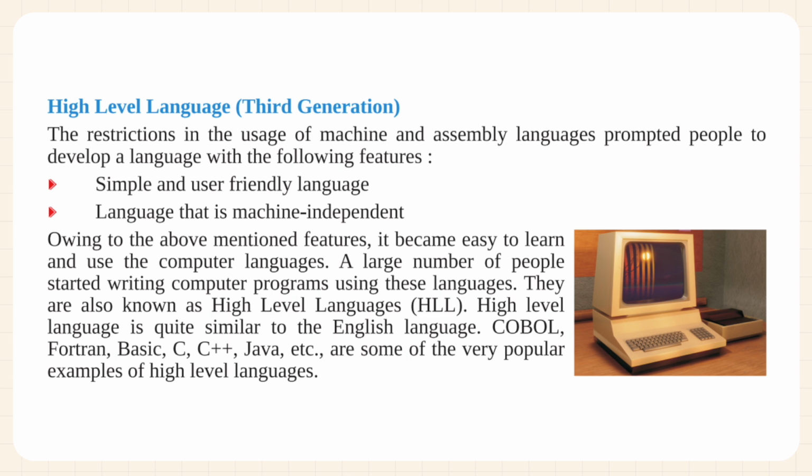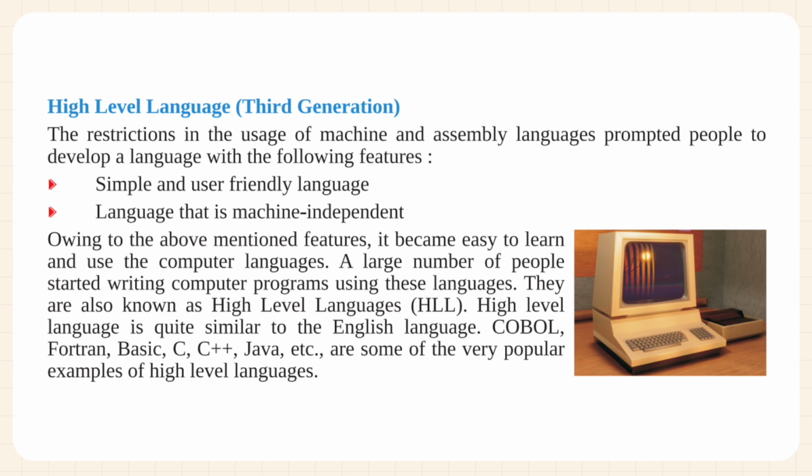High-level language, third generation. The restrictions in the usage of machine and assembly languages prompted people to develop a language with the following features: simple and user-friendly language, and a language that is machine-independent. Owing to these features, it became easy to learn and use computer languages.